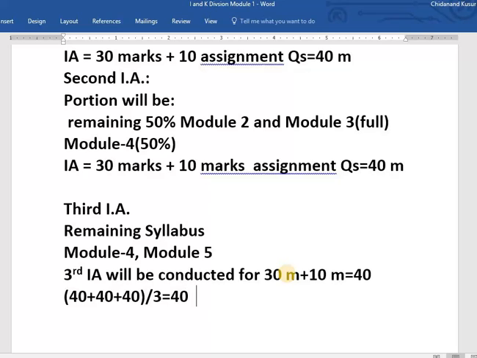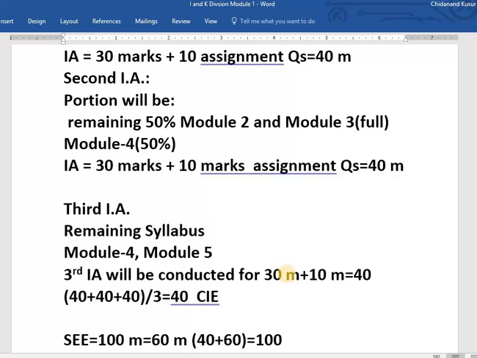This is what we call CIE marks. For the taught syllabus only, the SEE exam will be conducted. For 100 marks, they reduce it into 60 marks. In the marks card you get internal 40, external 60, totally 100 if you do well in the examination.